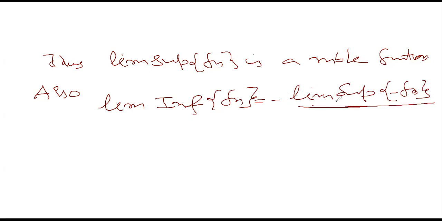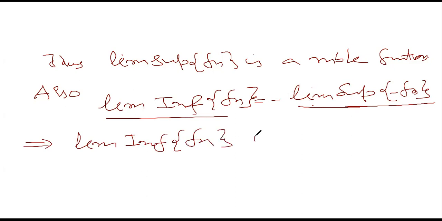That means minus limit superior of minus fn is a measurable function, which implies that the limit inferior is a measurable function. So the limit inferior of fn is a measurable function. So that proves the theorem completely.